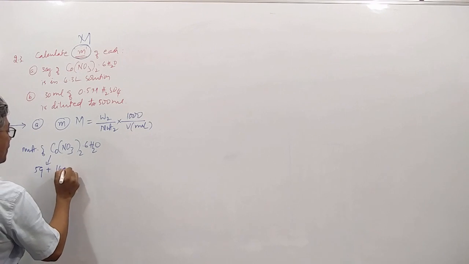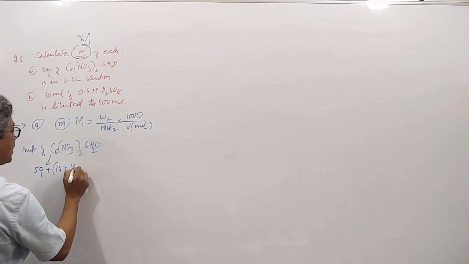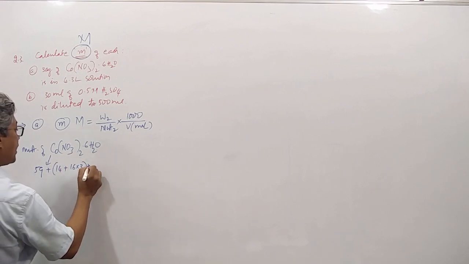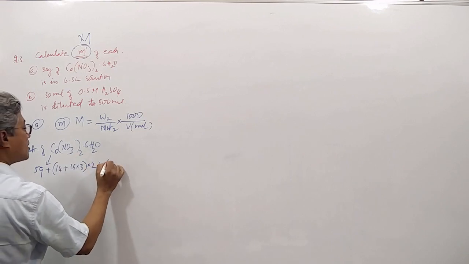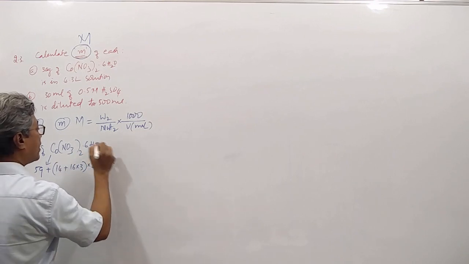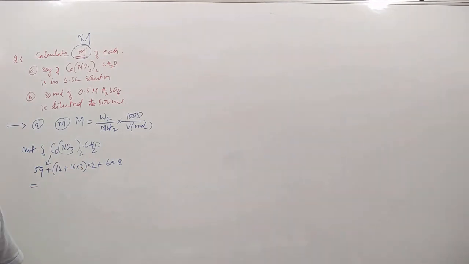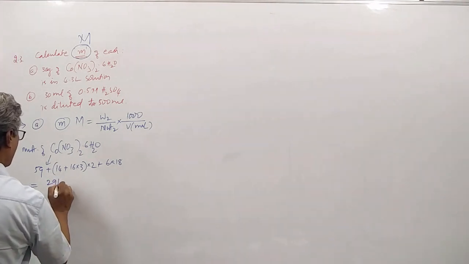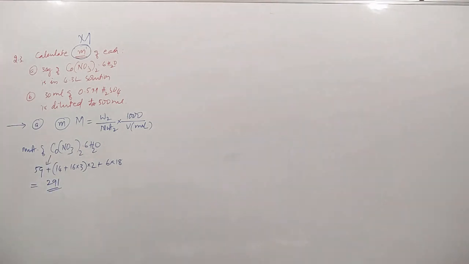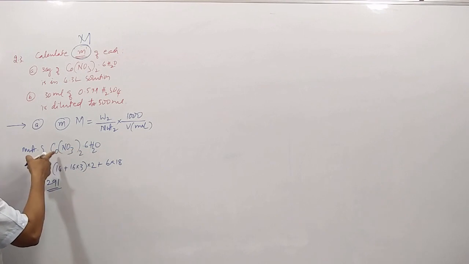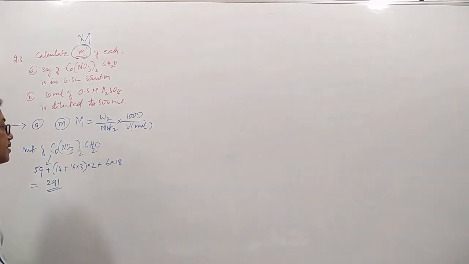Nitrogen is 14 plus oxygen is 16 into 3, then into this 2, plus 6 into molecular weight of water, which is 18. So upon adding all these, you will get 291. This is 291. So this is the molecular mass of hydrated cobalt nitrate. Clear, students?